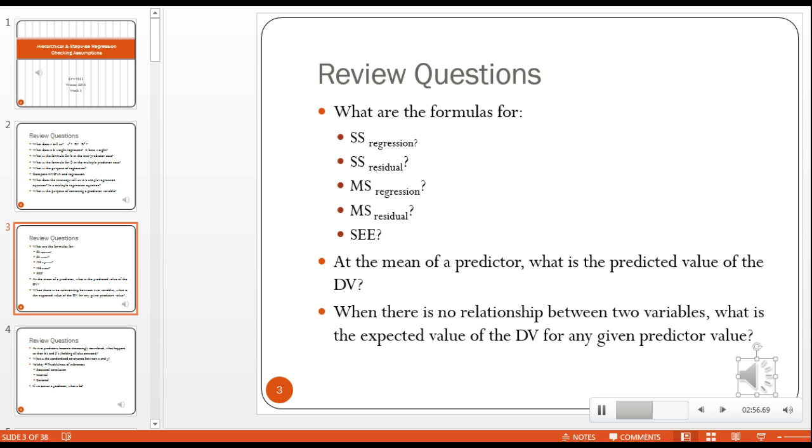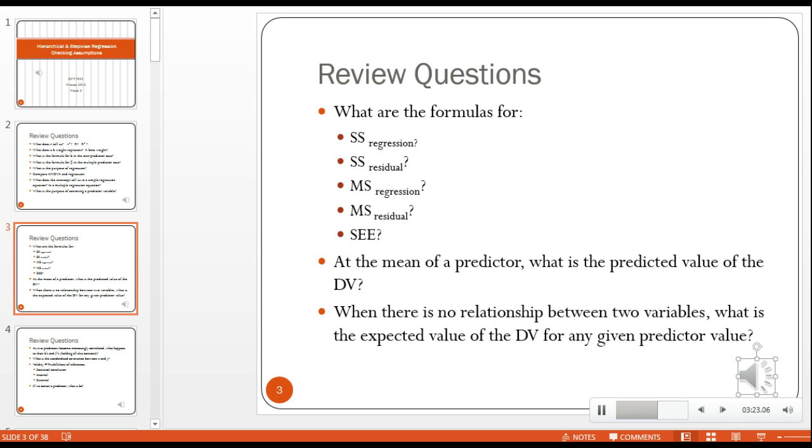Now, if we sum together the SS regression and the SS residual, we will get the total sum of squares. And remember, the total sum of squares is the sum of the squared deviations of the observed value minus the mean of Y, always the DV.